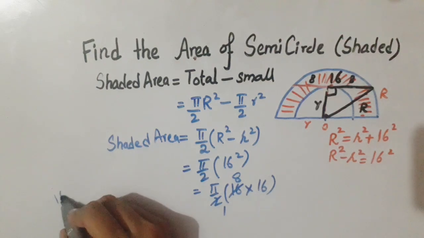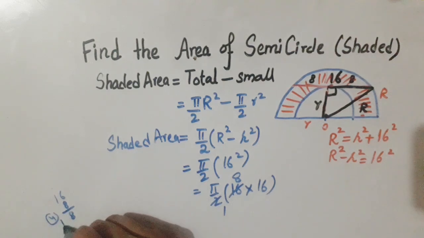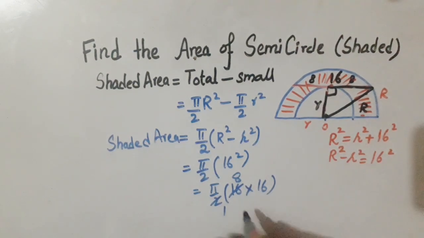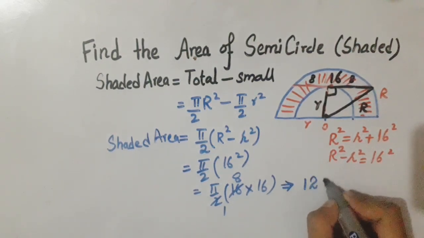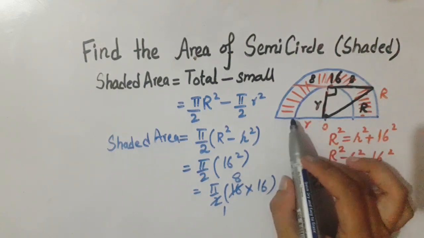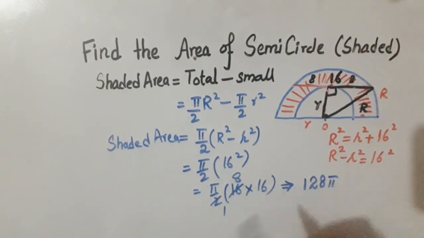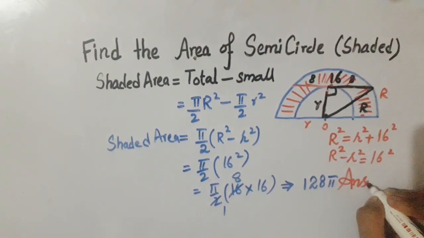Now 16 multiplied by 8, we have 128 pi. So this is the shaded area you have to calculate. So this will be the final answer. We will write this as the final answer.